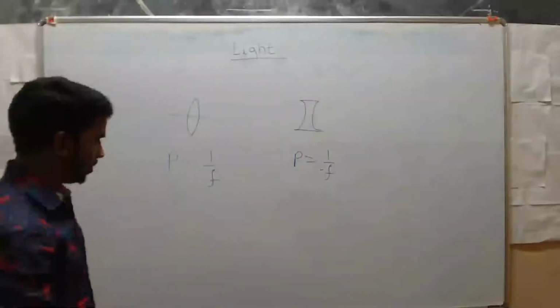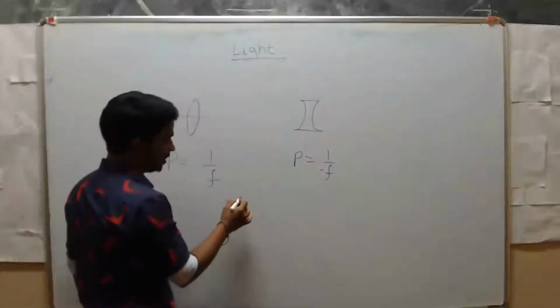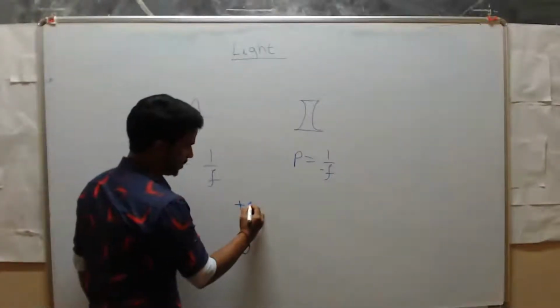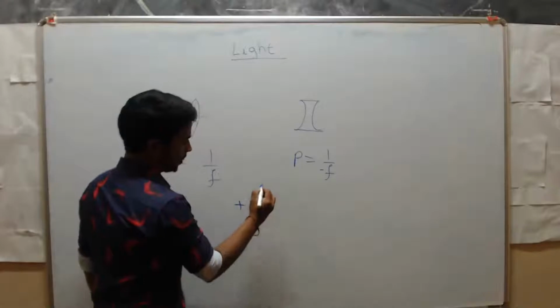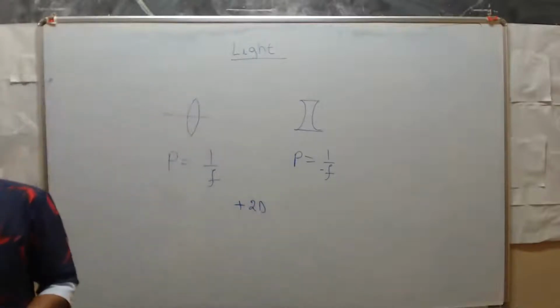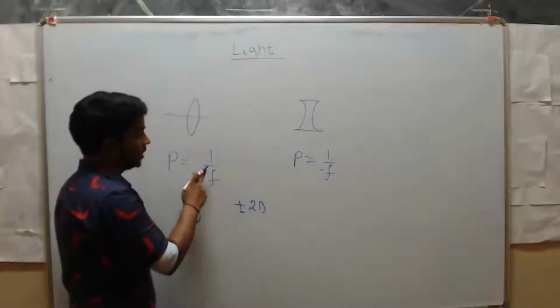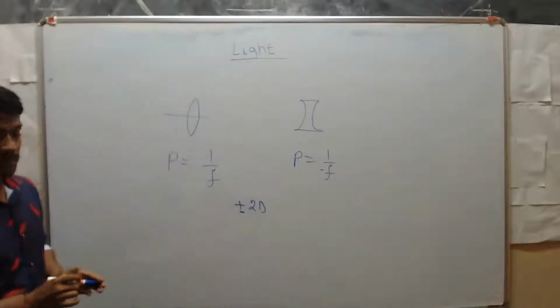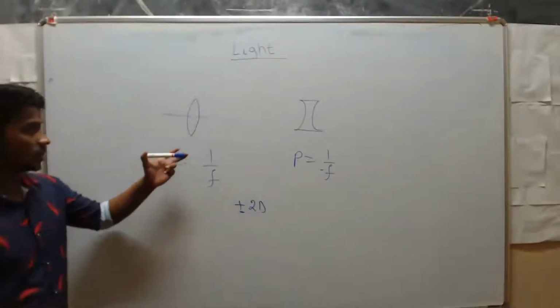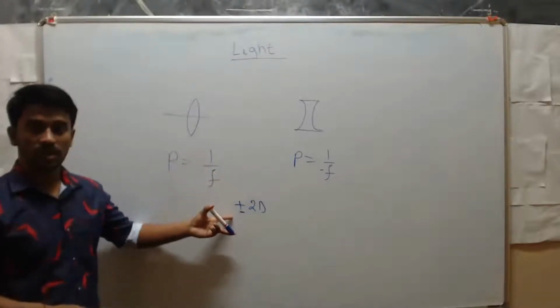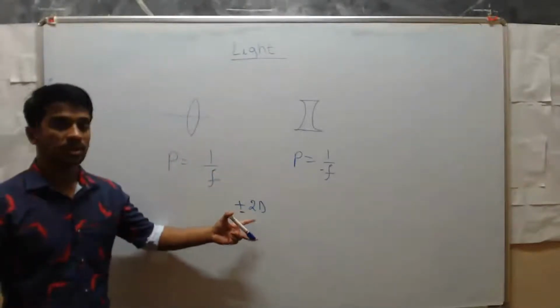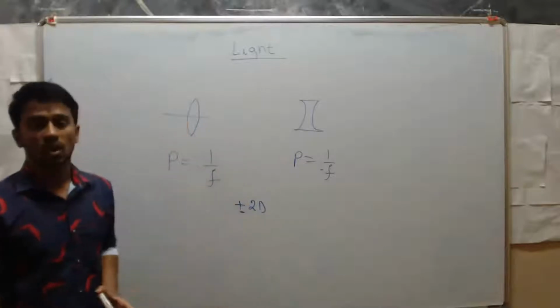If the power is positive, for example, the power is 2D. 2D means 2 diopter. So here this sign indicates the lens. We'll write the focal length of a convex lens as positive, right? So now this is plus 2D, which means the lens is convex.